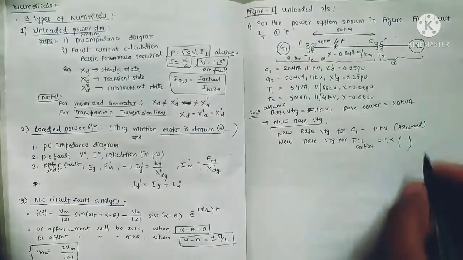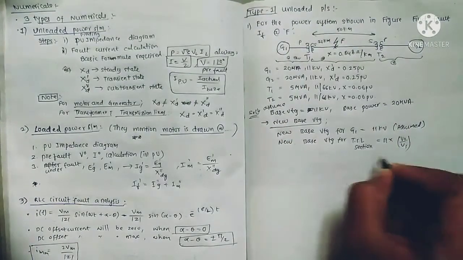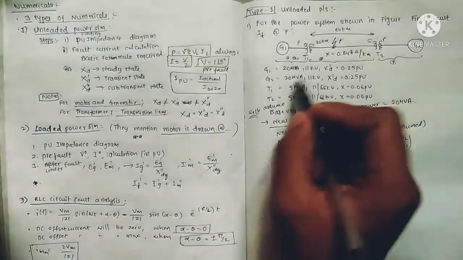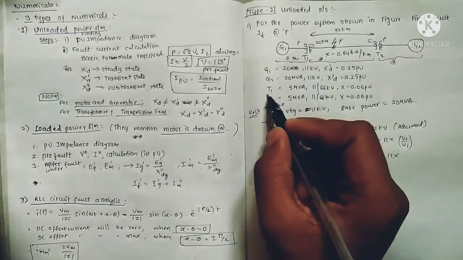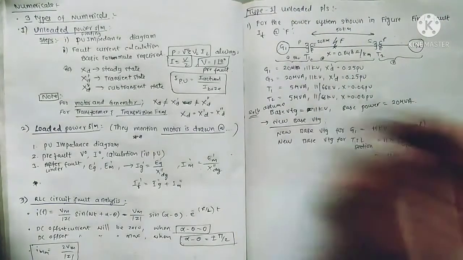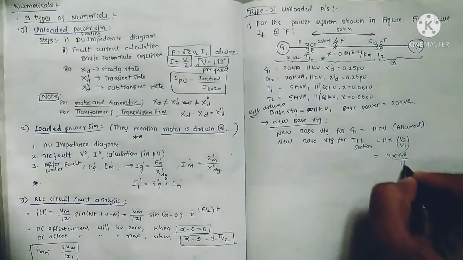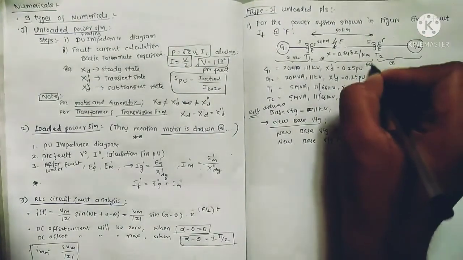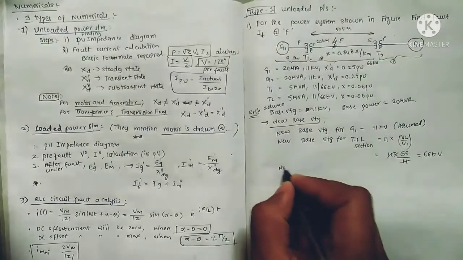Moving from primary to secondary gives V2 by V1 of the T1 transformer: 11 into 66 divided by 11. This cancels, and you will get 66 kilovolt. This transmission line section is 66 kilovolt.